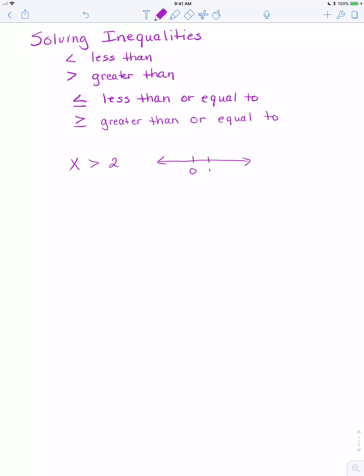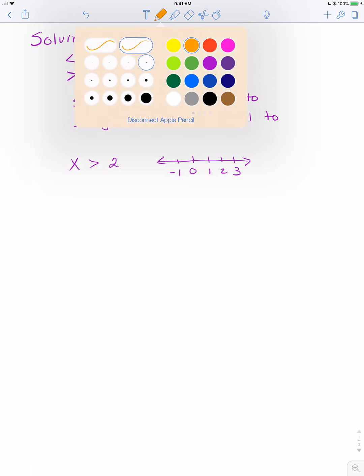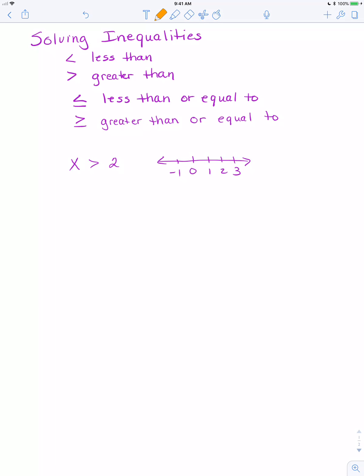Here's our 0, there's our 1, 2, and our 3, -1. A lot of times we would say, okay, well x is greater than 2, so that 2 is not included. So sometimes we would do that open circle and then everything greater than it.